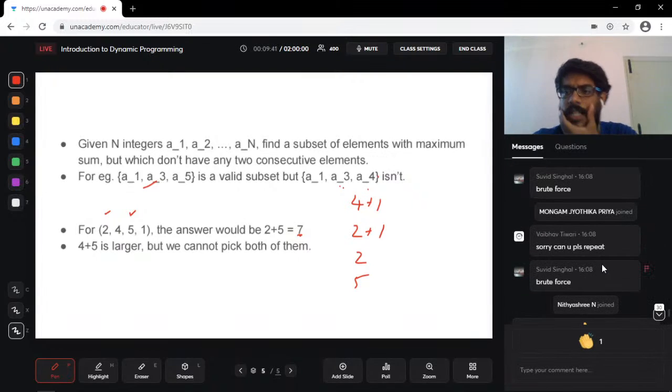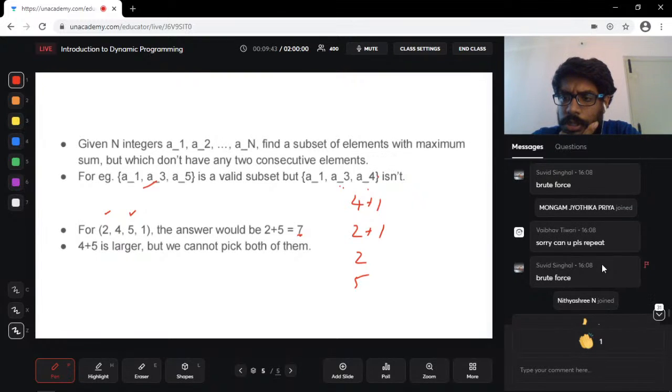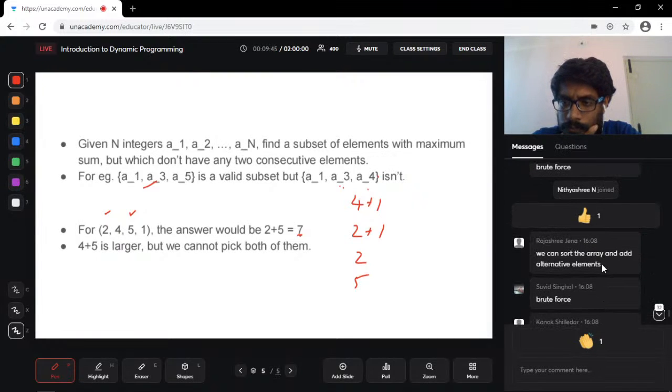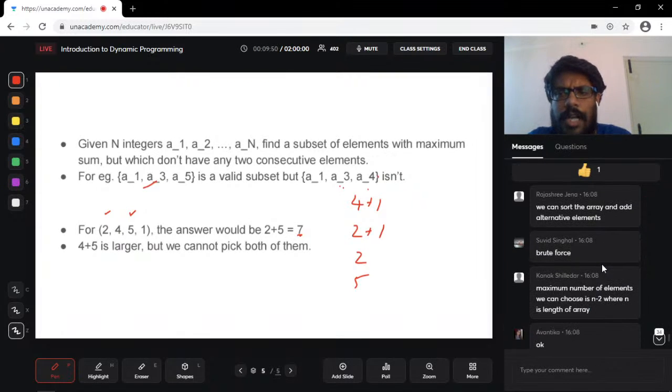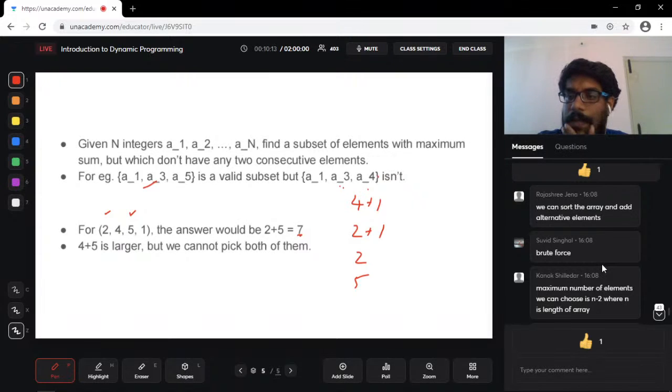So a lot of people are saying brute force. Okay, so Rajeshri, you're saying you'll sort the array and then find the alternate elements, but that doesn't work, right? Because once I sort, I kind of lose the adjacency. When I talk about consecutive elements, I talk about consecutive elements in the original array. After I sort, if I don't keep track of which were consecutive earlier, I can't use it later. So that's one major issue.